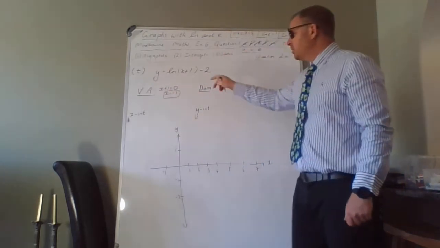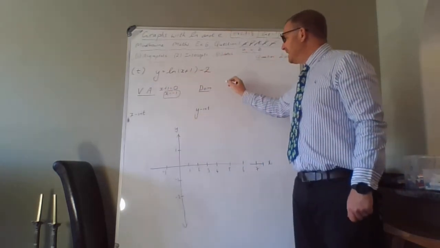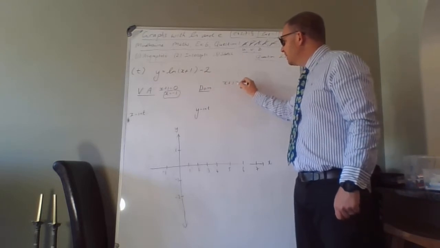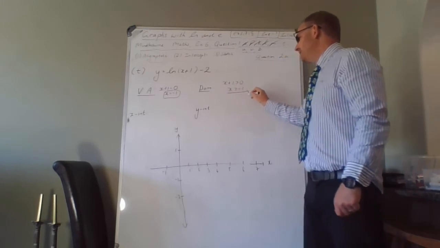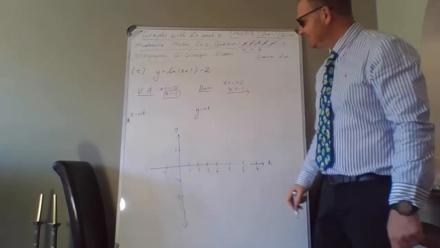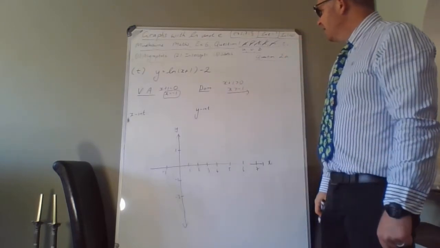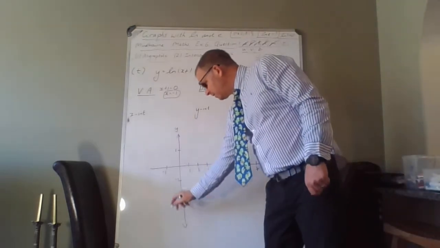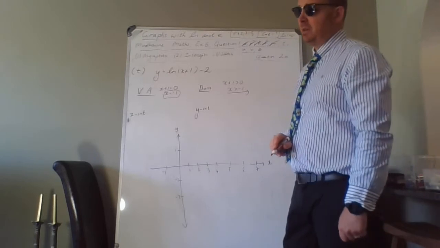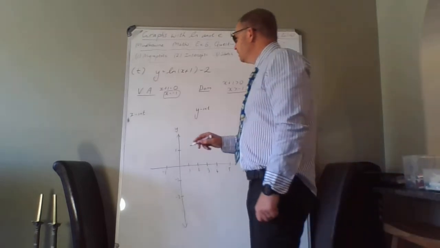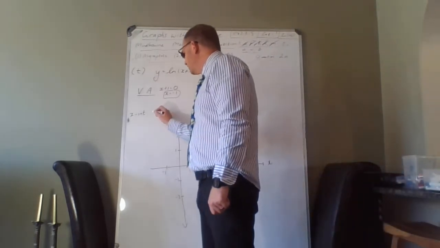I would always focus on the domain as well of a log graph, and the domain is going to be where x plus 1 is bigger than 0. So in other words, where x is bigger than negative 1. Lovely stuff. Now, you're going to have your vertical asymptote there, and chances are you're going to have an x-intercept and a y-intercept, which will be enough to sketch the graph. So for the x-intercept, we're going to let y be equal to 0.